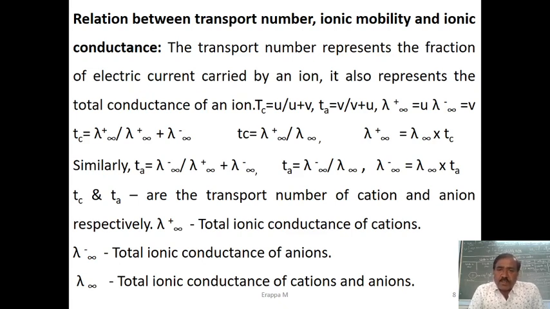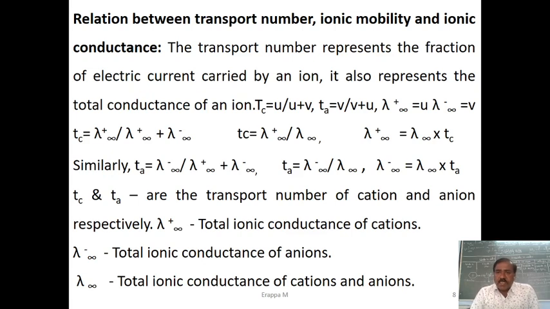So Tc, the transport number of cation, is equal to U over U plus V, the current carried by cation divided by total current passed. Similarly, Ta is equal to V over V plus U.